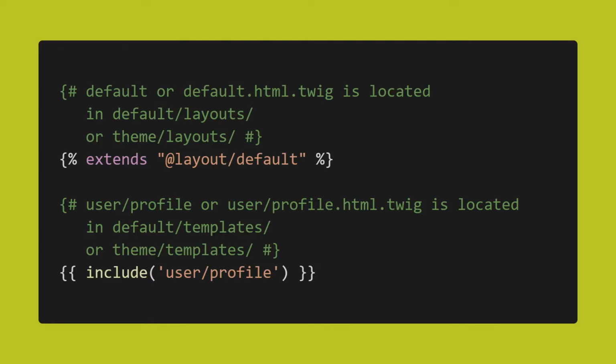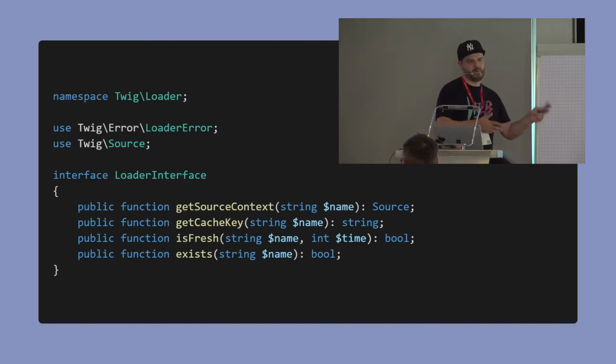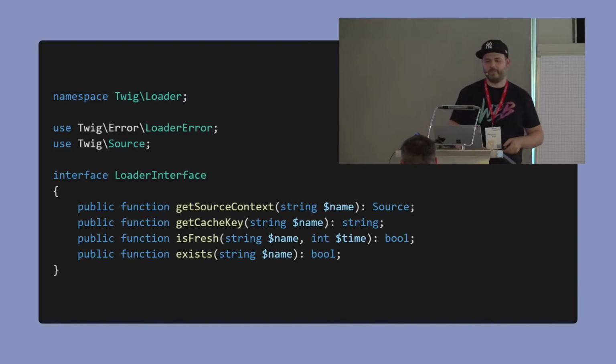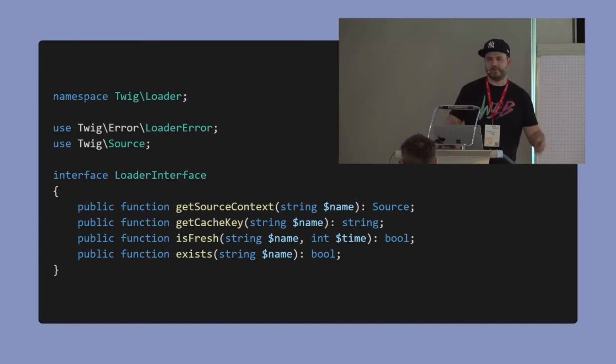So if we now have a look at what is defined in the loader interface, we got the source context, we got the cache key that's implemented, that's why we needed to build the cache before, because we now need to get a cache key. And we got an isFresh function that basically decides if the template needs to be recompiled or not, and basically if the template exists or not.